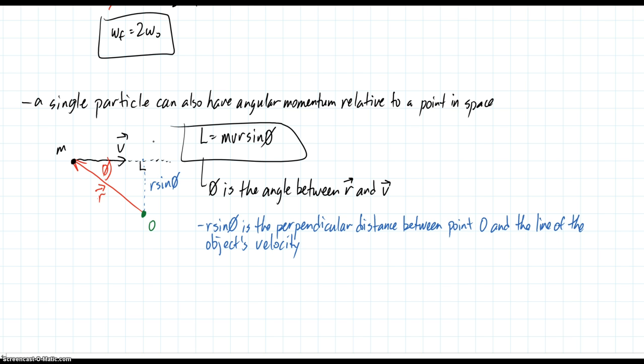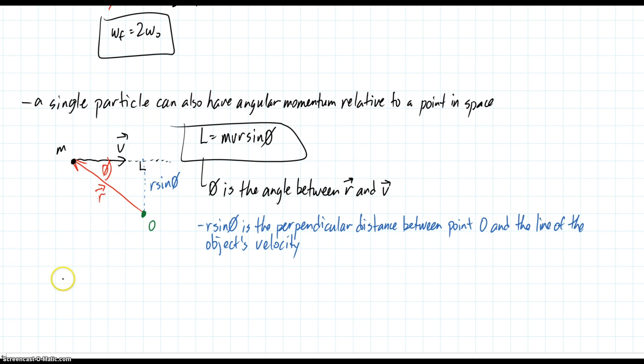Here, the idea of rotation, again, we're thinking about a single particle, so it is not itself rotating. What we're thinking about is the rotation of the r vector. So, as the particle moves, the r vector, in addition to changing length, is also going to rotate. For instance, if we imagine the particle moving to the right side of O rather than the left, r will have rotated from quadrant 2 into quadrant 1.